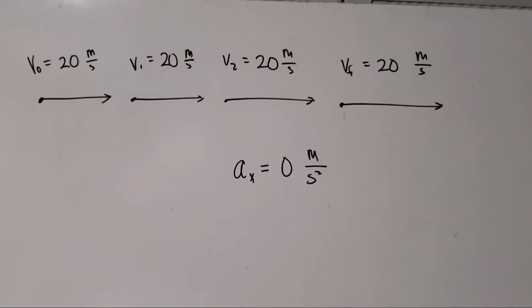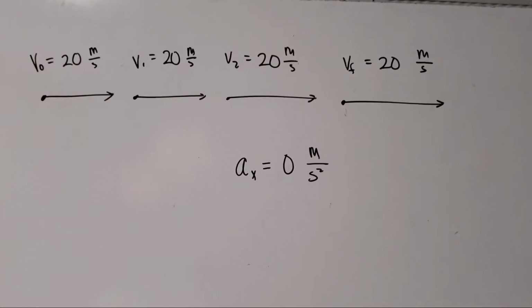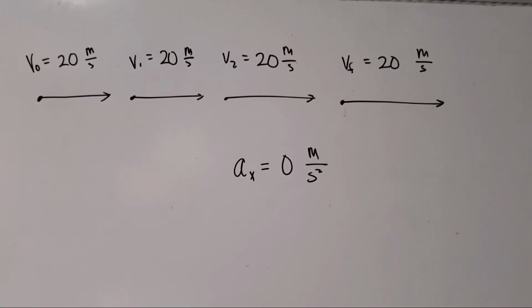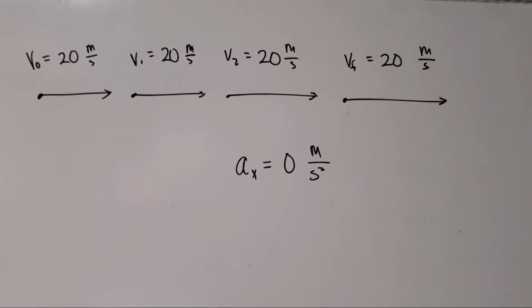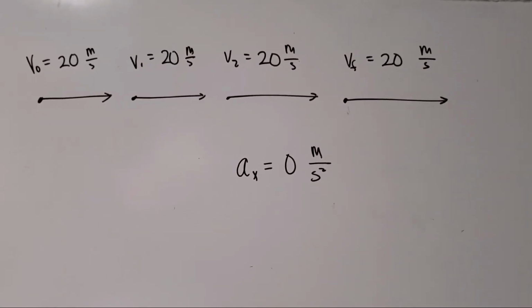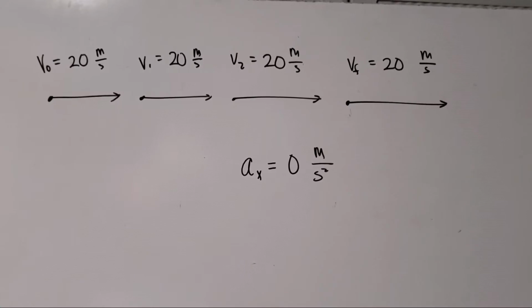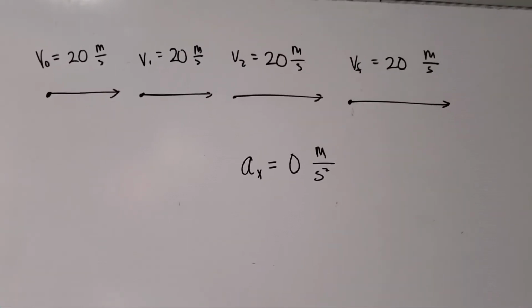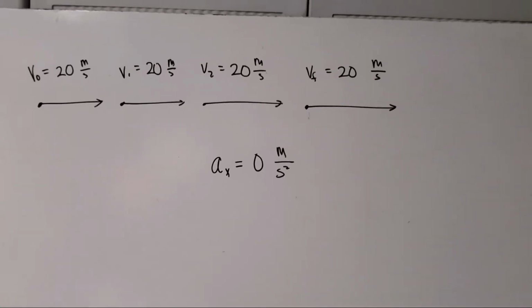And in the previous video, you can see that an object that has an unchanging velocity has an acceleration of 0. Hence why all of these arrows that I've drawn to represent the particle's motion are the same size.